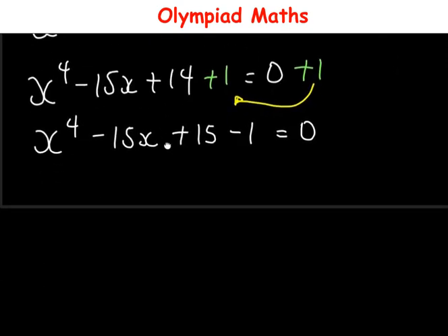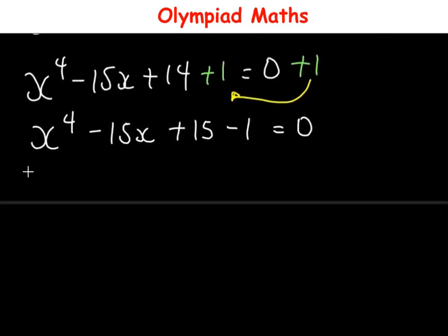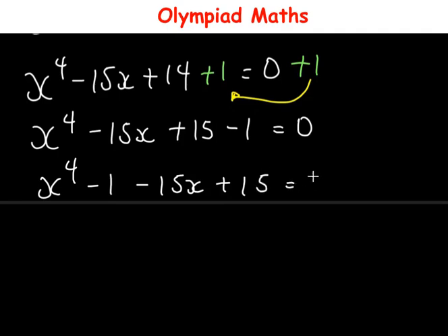So from here, let us rearrange this equation. So we have x raised to power 4 minus 1, then minus 15x plus 15 is equal to 0. So looking at this right here, we can write this 1 as 1 raised to power 2, such that we have x raised to power 4 as x squared all raised to power 2, right?